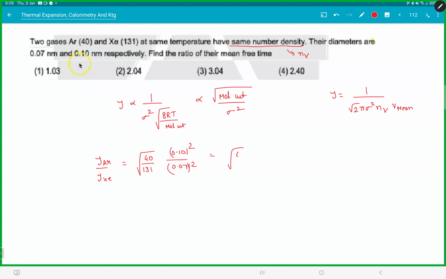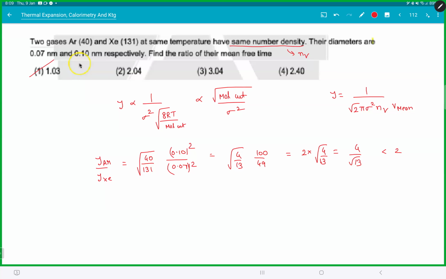That is roughly 4 by 13, and this is 100 by 49. That's close to 2 into root 4 by 13. Now, one thing I'm pretty sure, this is definitely less than 2, but slightly greater than 1, right? There's only one option.